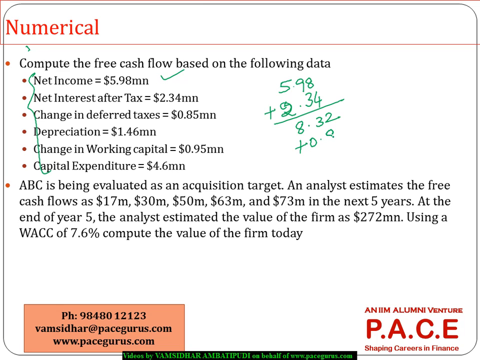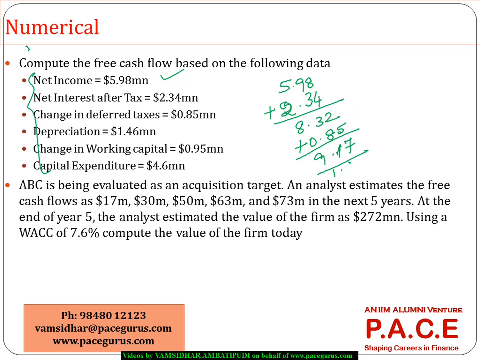To this I add the changes in the deferred tax, and whatever I get here becomes the NOPLAT, which is net operating profit less adjusted taxes, because I am adjusting the changes in the deferred tax.